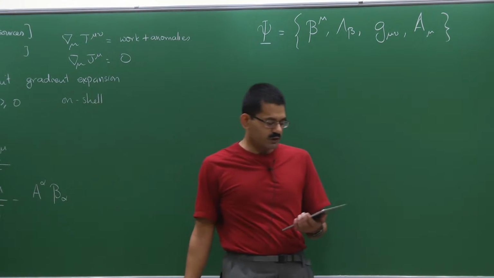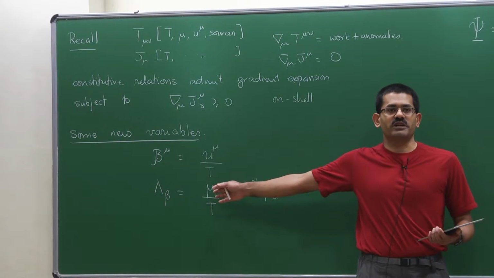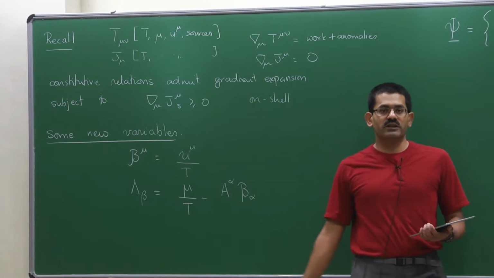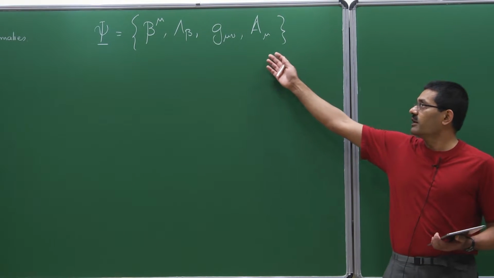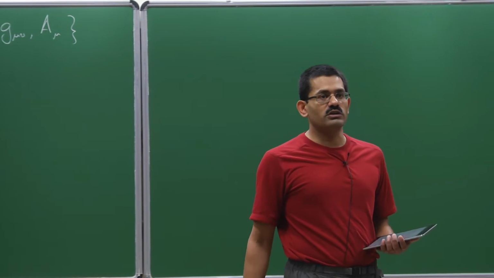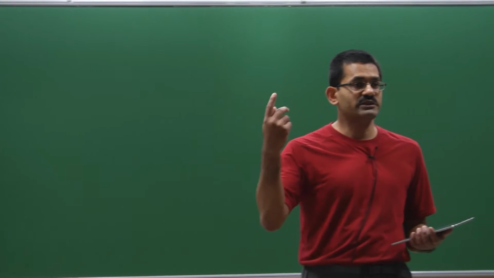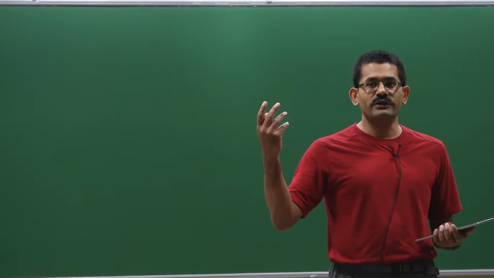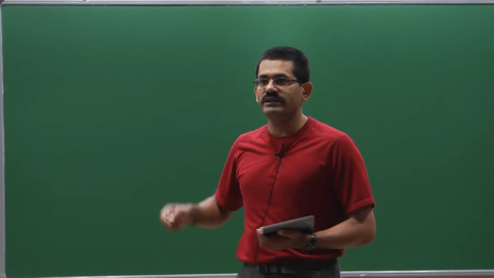It can be whatever, it can have values in a Cartan of some Lie algebra, I don't care, but suppressing all the indices, I'm going to call this collection capital Psi. This is just the collection of all the hydrodynamic fields. Two of them, beta and lambda_beta, are the physical ones. They are the macroscopic fields that describe hydrodynamics, and g_mu nu and A_mu are classical sources.